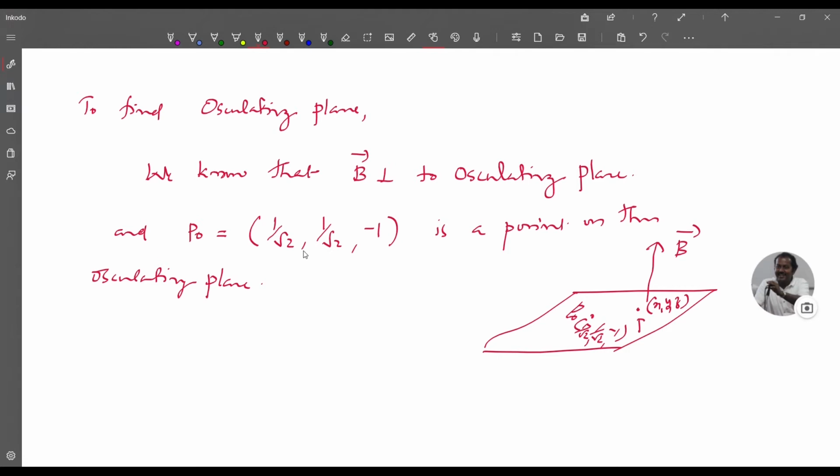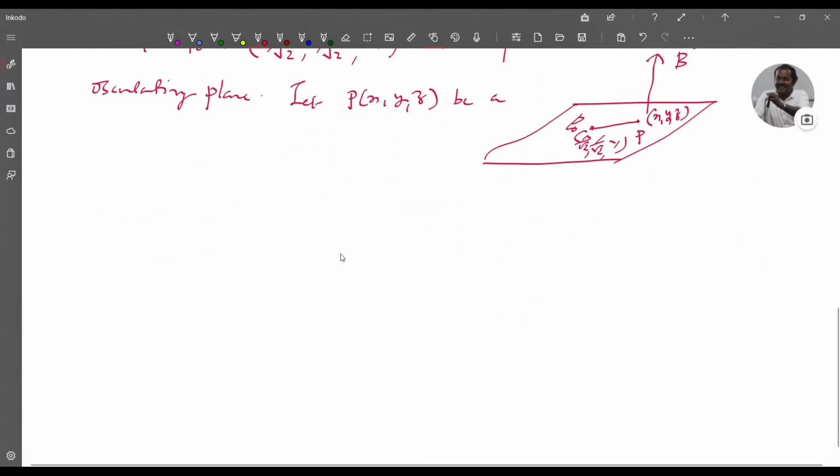So let it be P. Then P naught P is orthogonal to B. So let P (x, y, z) be a point on the osculating plane.